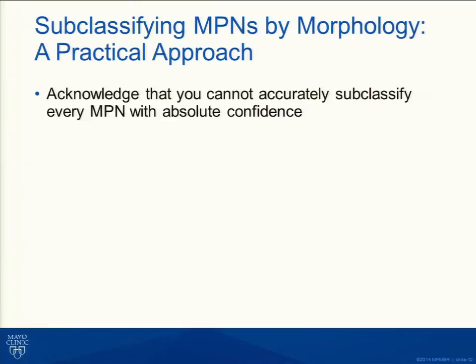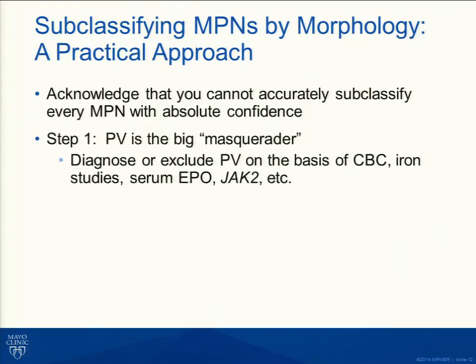After we have made sure this is an MPN, then we're going to try to classify it. However, we have to be practical and acknowledge that we cannot accurately subclassify every single case. So the approach we should take is to first try to rule in or rule out a PV.